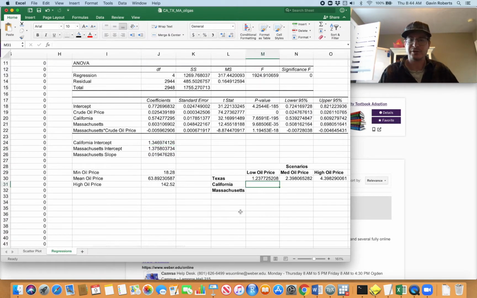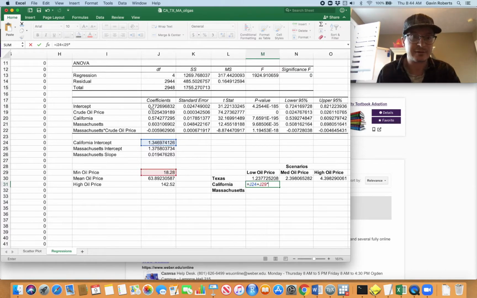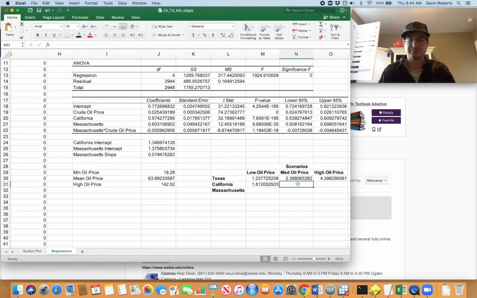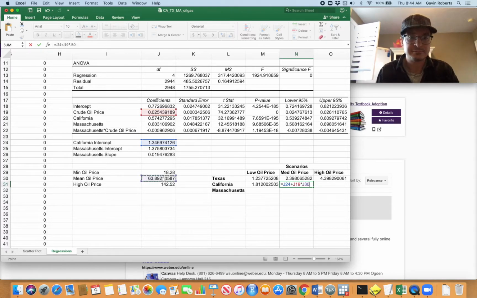So for California, low oil price is going to be equal to the California intercept plus the low oil price times the crude oil price slope. Medium equals California intercept plus slope times medium oil price.